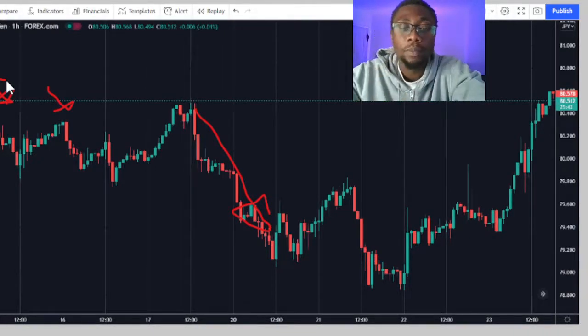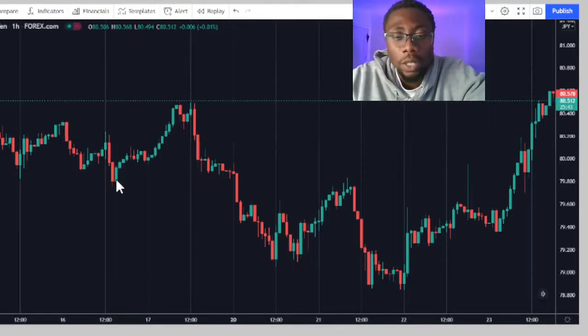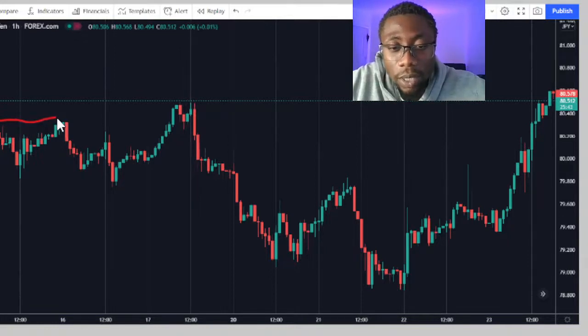So we're going to go ahead and mark these resistance levels, and remember the rules. If price has broken through a level twice, going up and down through that level, then price is no longer respecting that level. So we're going to go ahead and draw these out.